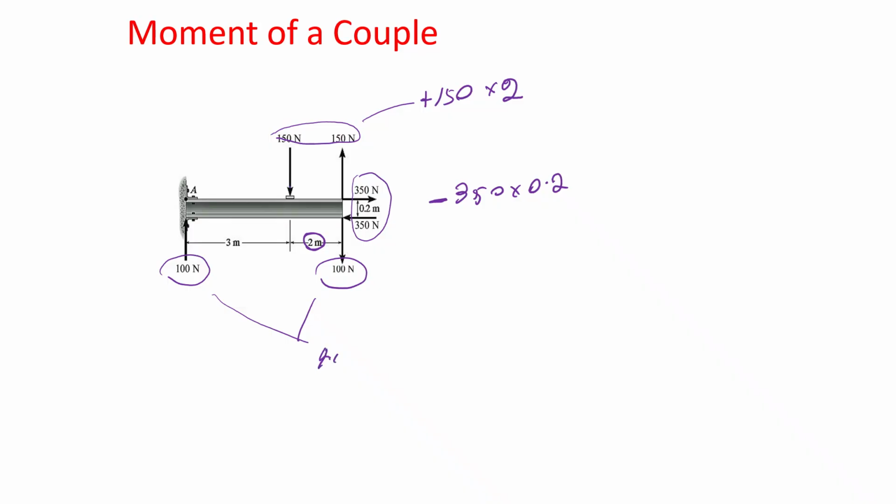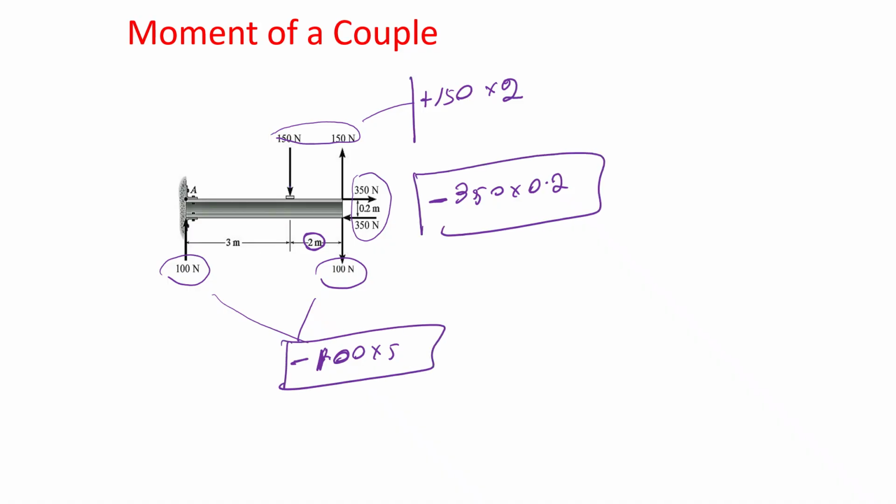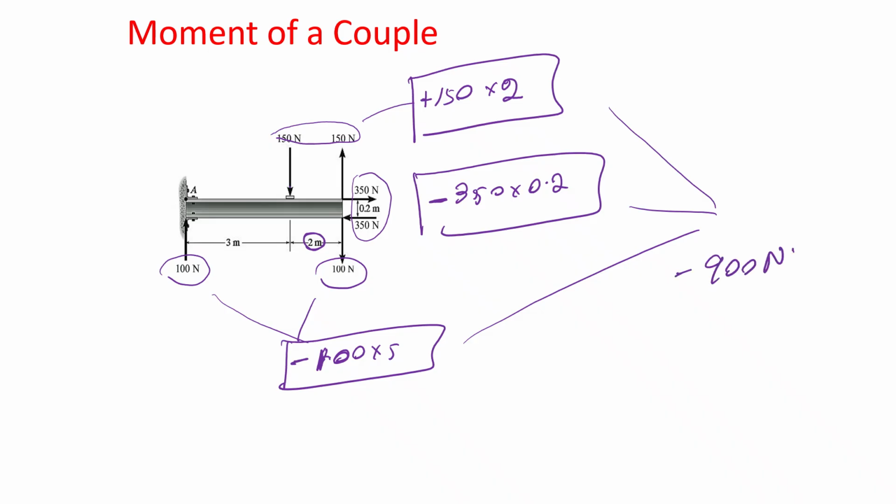So 100 times 5, going in the clockwise direction, so it is negative as well. So you add these three together and you get the resultant moment. So resultant moment is what when you add all these together? Minus 900 Newton meters, and the negative sign says clockwise direction.